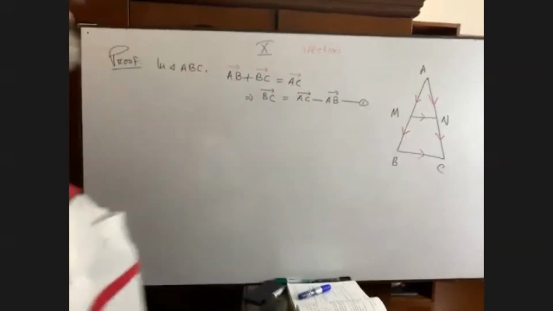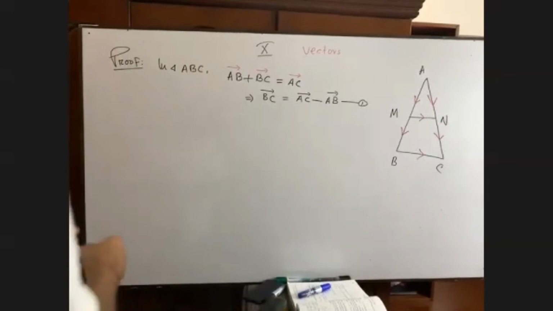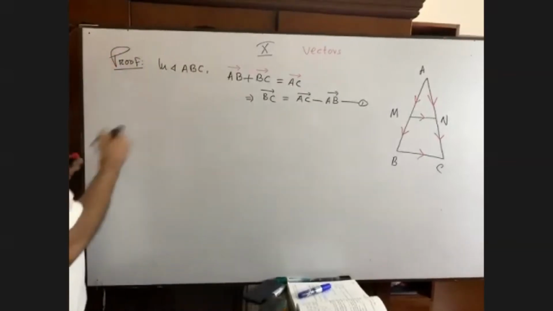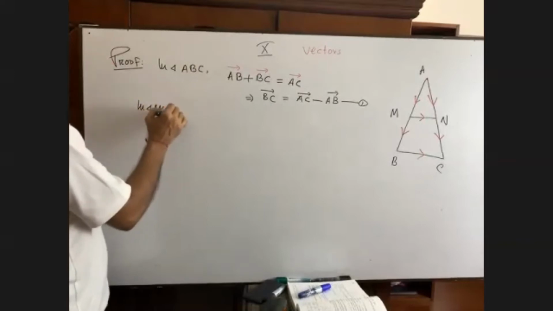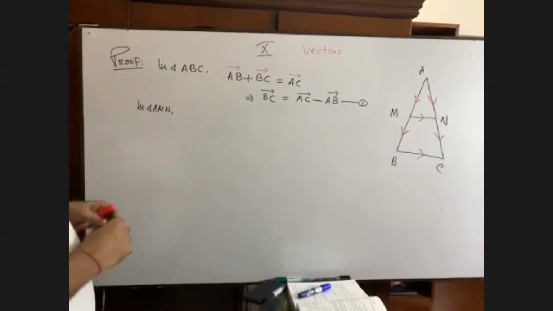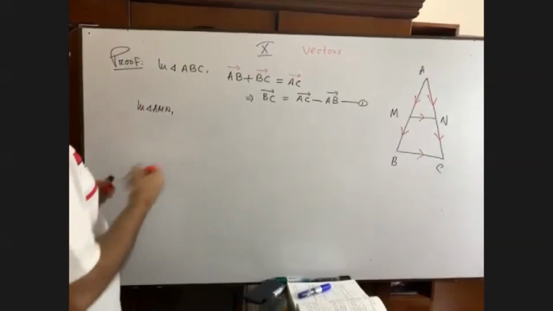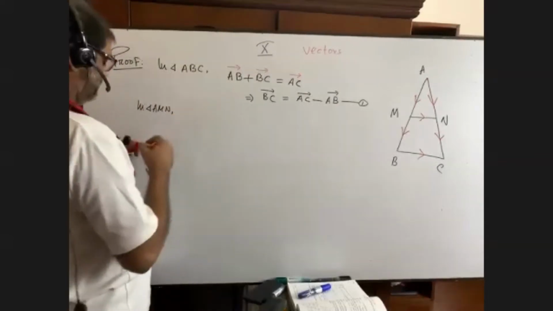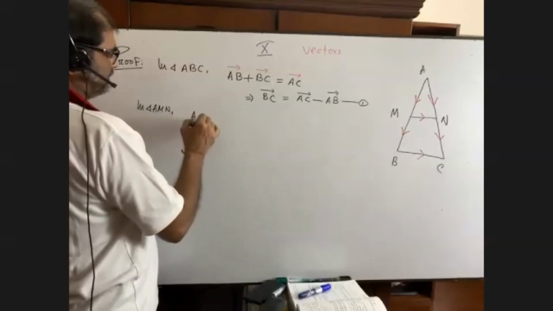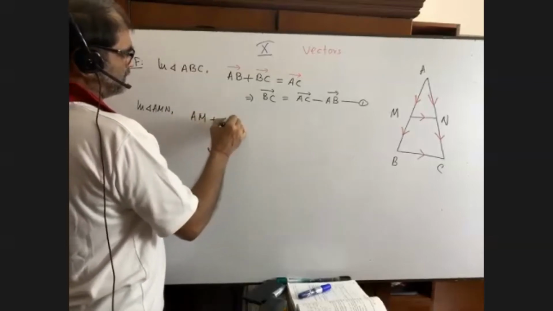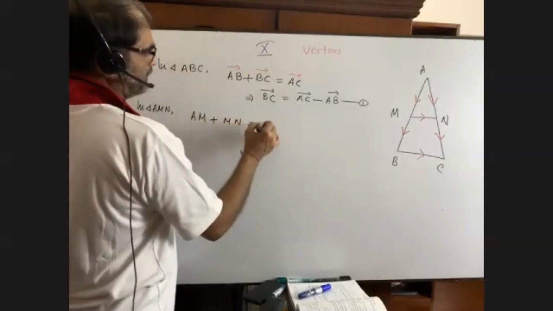There is another triangle, AMN. Write down. In triangle AMN, in the same way, can you please write down? AM plus MN is equal to AN.